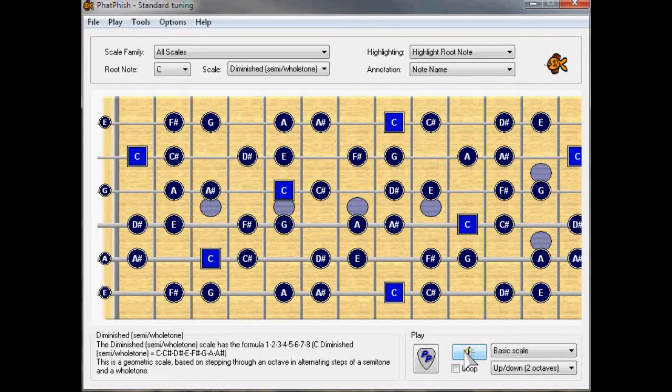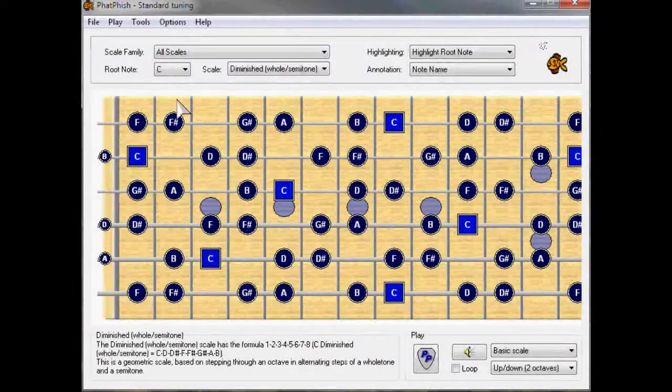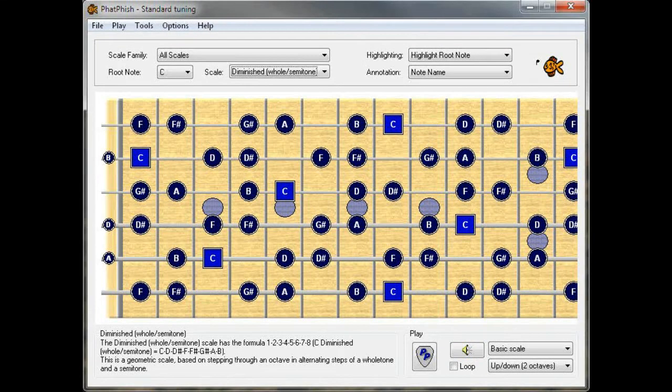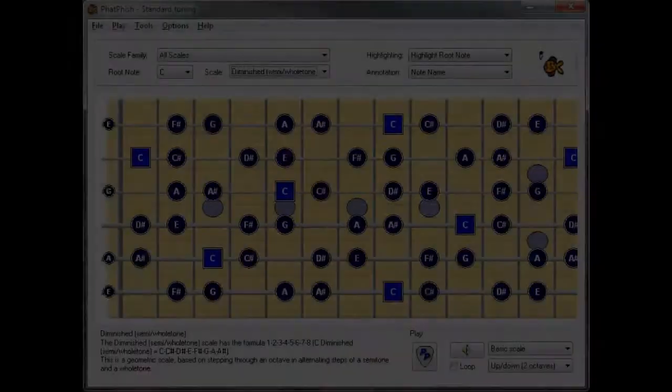And by way of a contrast, here's the C whole tone half tone diminished scale. As you might expect, because of the way the scale is built in such a geometric pattern, there's quite a regular arrangement of notes here.